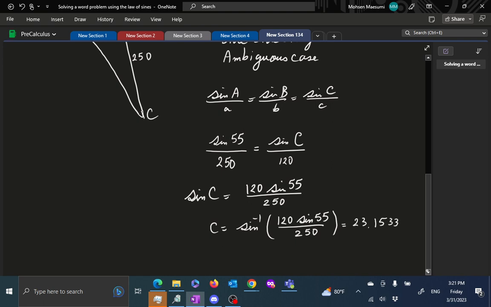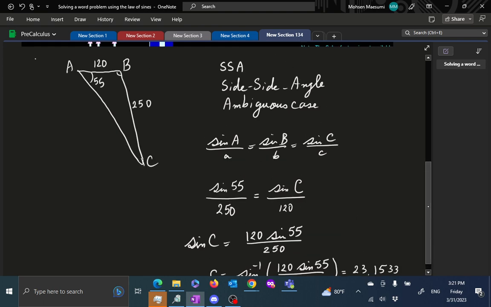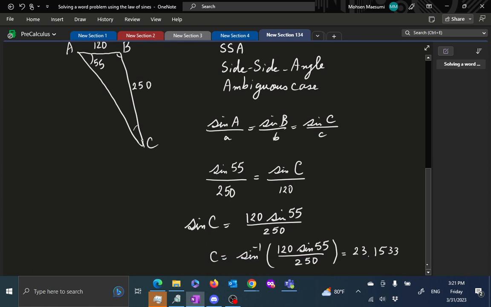Okay, now comes the following challenge. This looks about right here, but we need to be aware that when we are solving sine of C equal to a number, there are always two possibilities, because when we have a basic sine equation to solve, you have a certain sine value, let's say here, and you have two solutions.